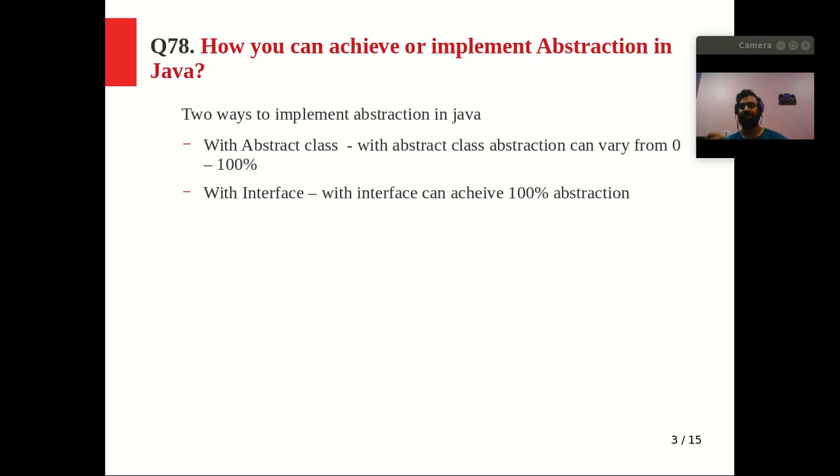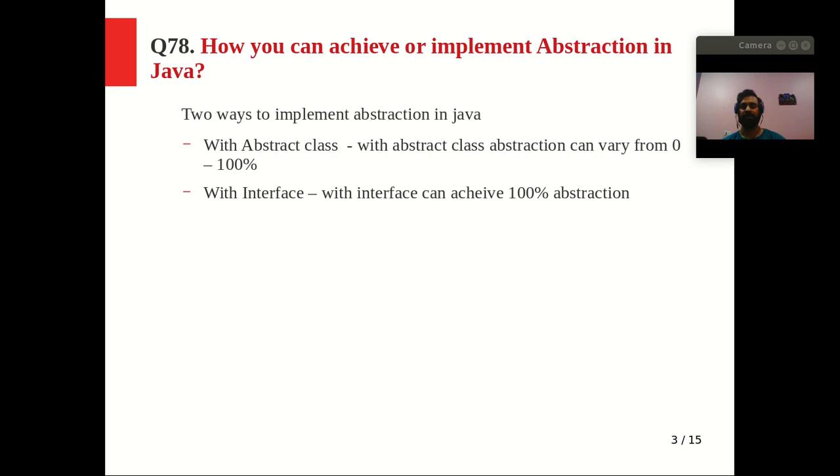If we are achieving abstraction with an abstract class, then the abstraction can vary from 0 to 100%. But if we want to achieve 100% abstraction, then we can go for the interface. There may be a question: why with an abstract class is there only a 0 to 100% variation, but with an interface direct 100% abstraction is achievable?